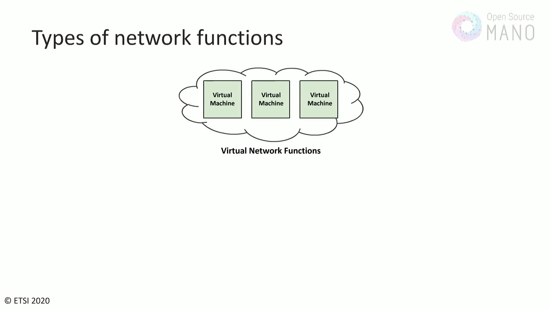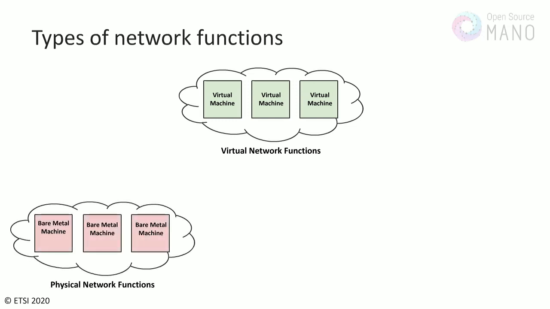Those are running inside of virtual machines provided by cloud platforms like OpenStack or any of the available public clouds. We have physical network functions, which are running on top of bare metal machines, which are usually managed by some infrastructure provisioning tools like MAAS or Ironic.